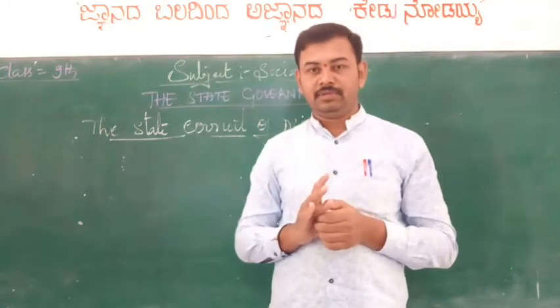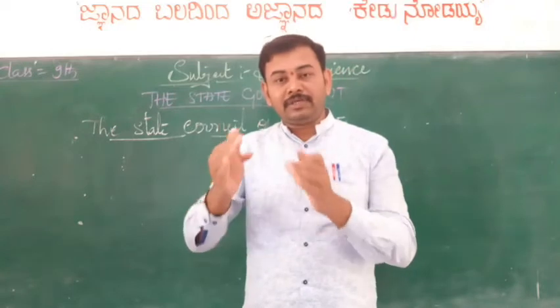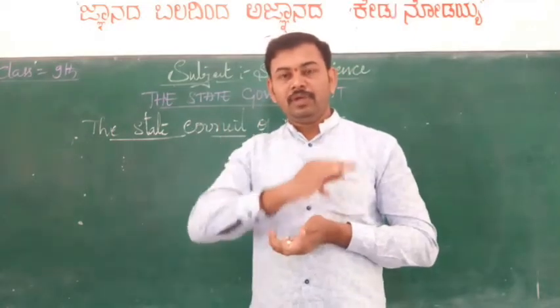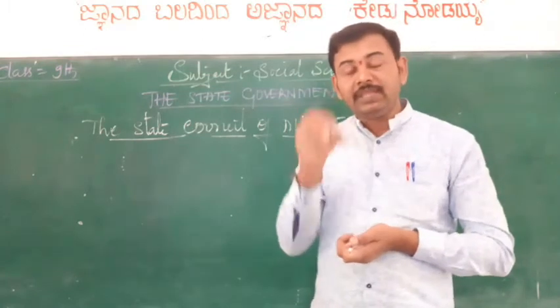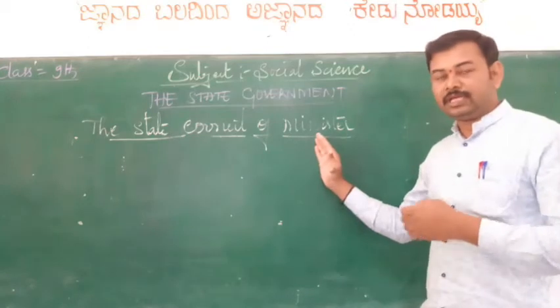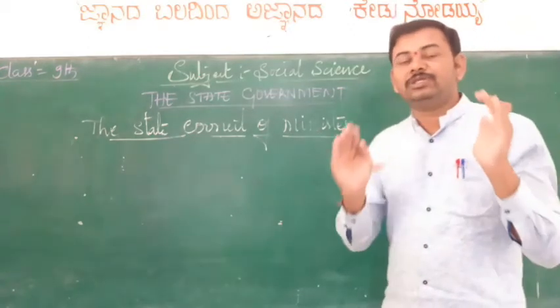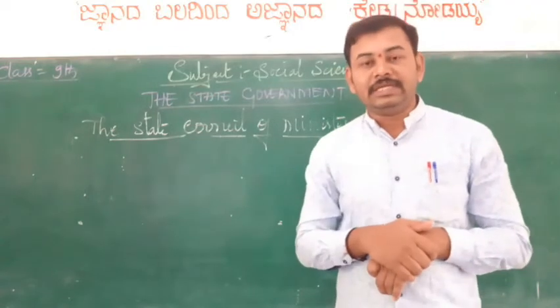Meanwhile, the real power of the state is vested in the Council of Ministers of the state. The real power of the country is vested in the Council of Ministers in the central government.